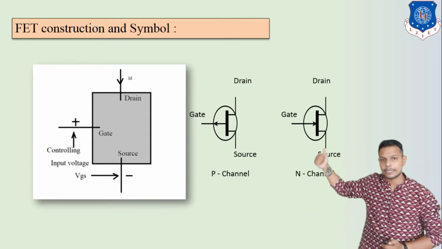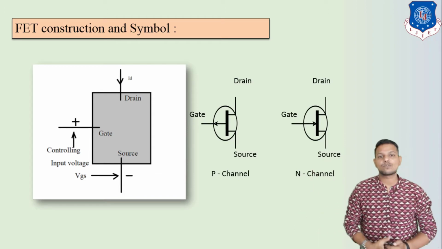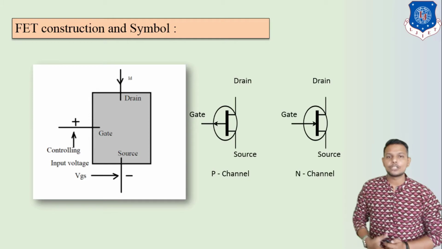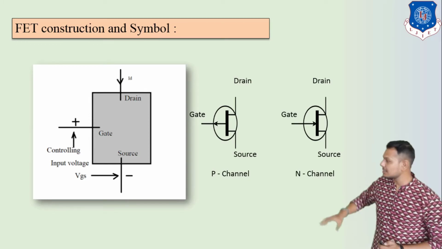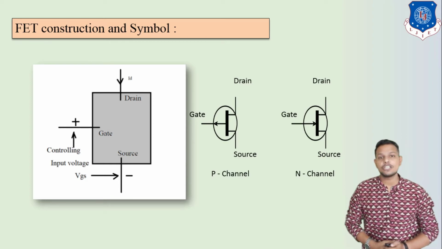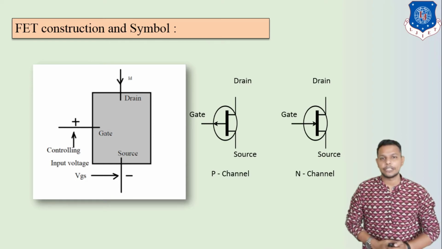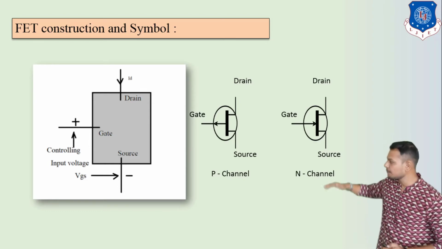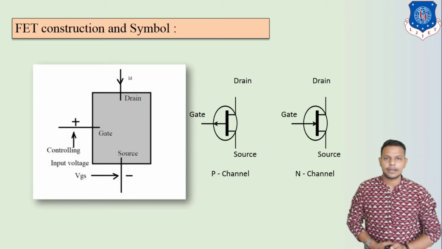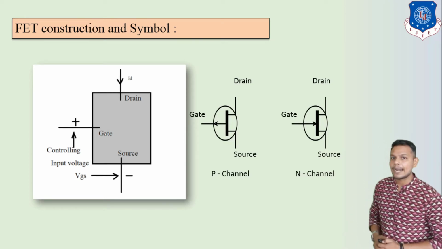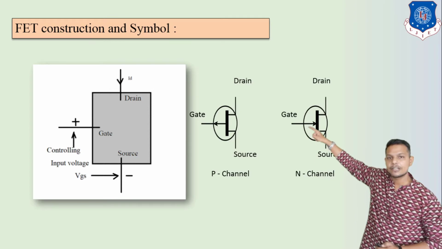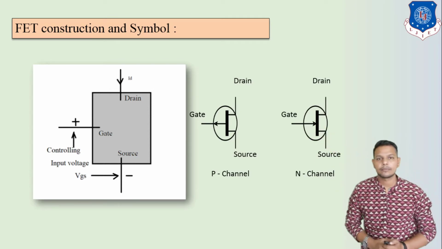So drain, gate and source are the terminals for the FET. Here we are going to apply voltage across gate and source. That is also known as VGS, the gate to source voltage. So the potential difference between gate and source is our input voltage, and accordingly we will get output current from that, ID, which is represented over here.